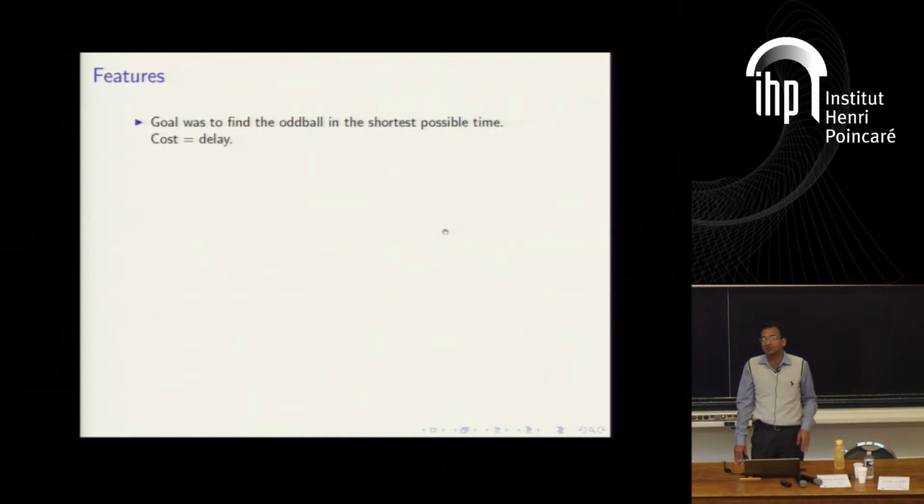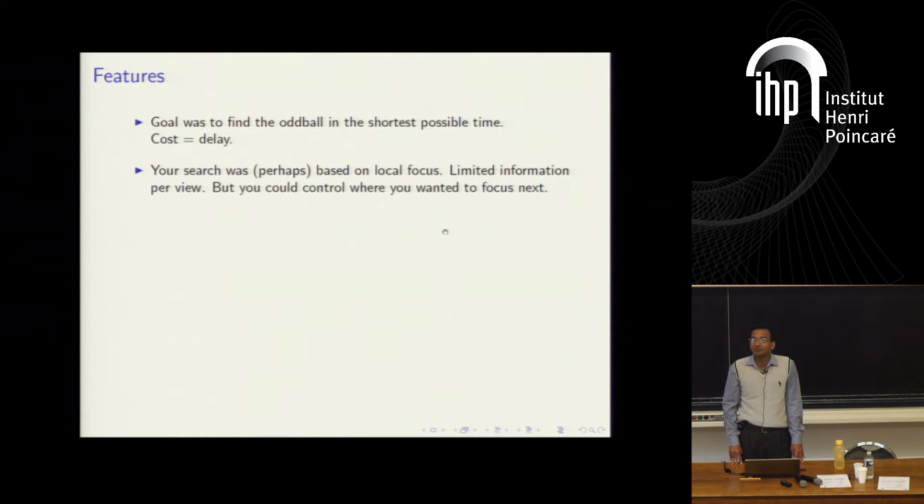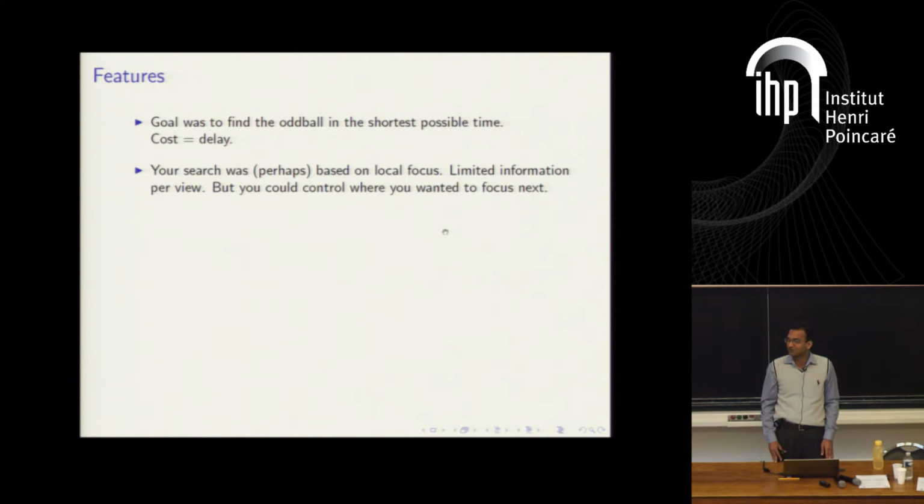Here the cost is essentially equal to the delay that you take to make a decision of where the oddball is. These are things I hope you would agree with based on your own search. If you disagree, do let me know, because these are interesting things to take into account and update the model for this visual search.